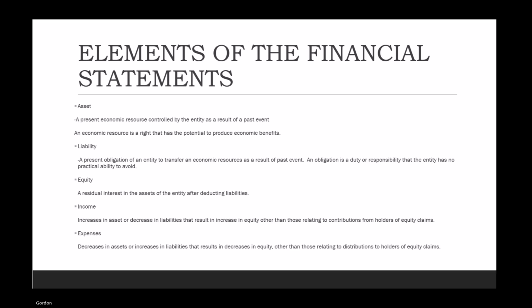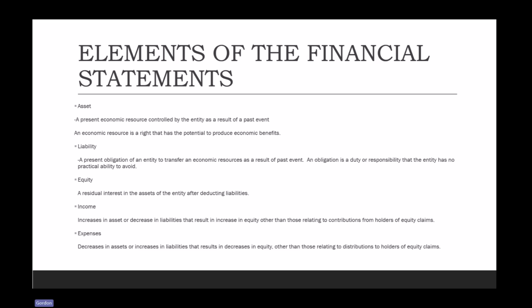Our equity will increase on the credit side and decrease on the debit side. Our income will increase on the credit side, the opposite of the expense. And then our expense is the one that will increase on the debit side. Yes. All right, thanks.